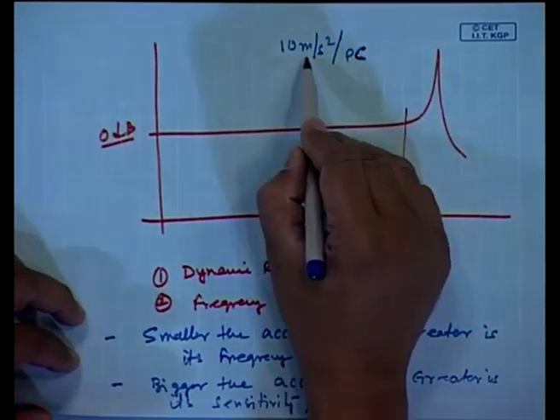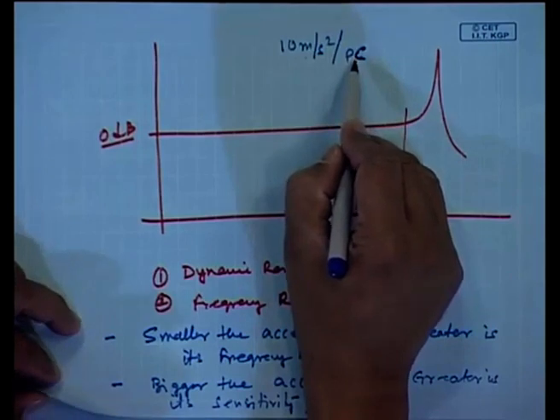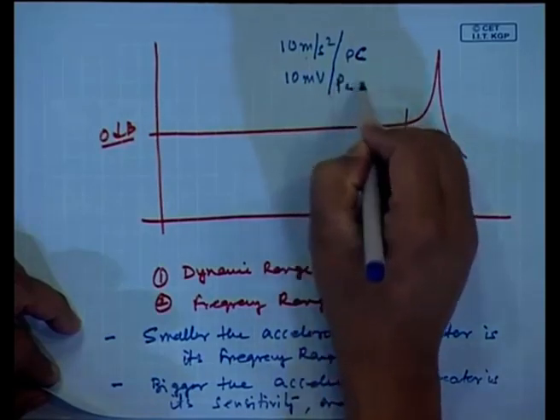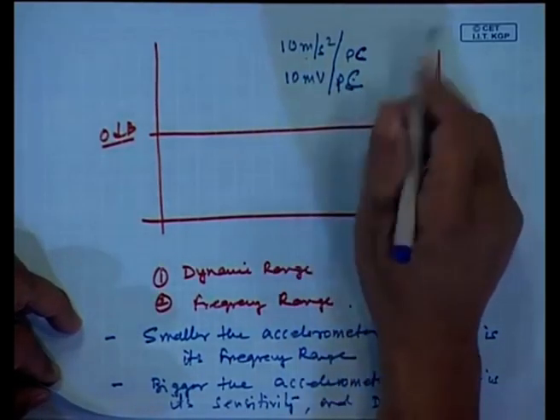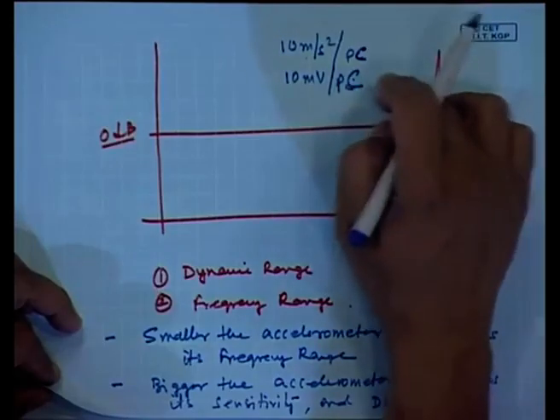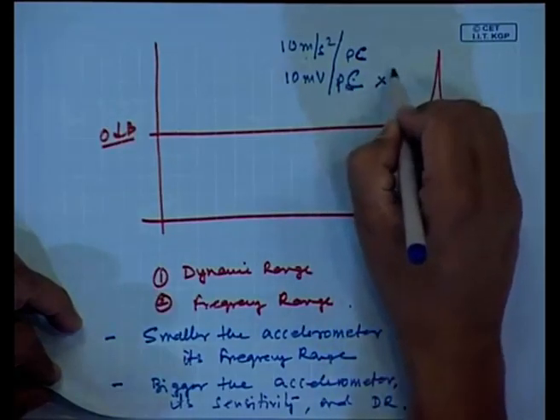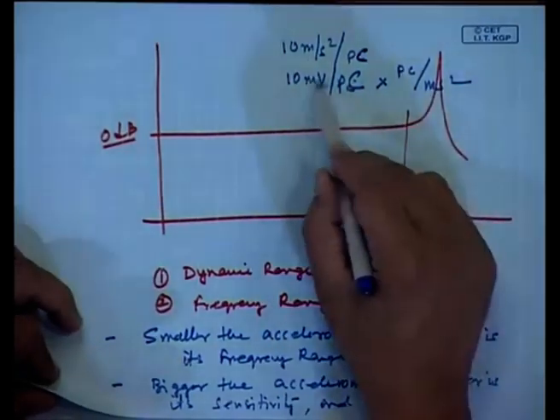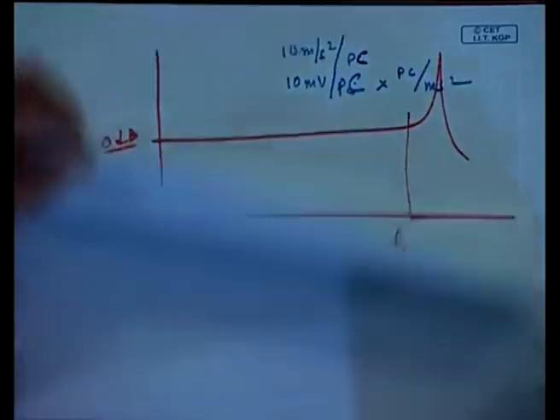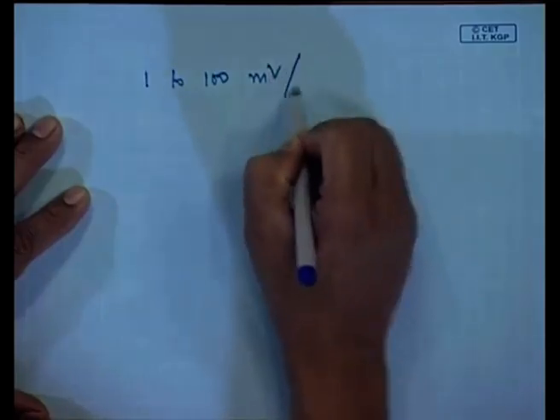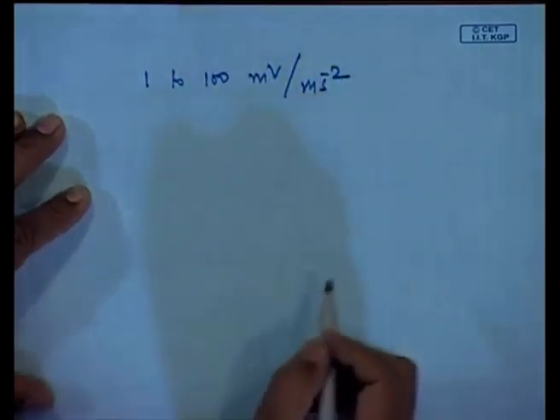So, this is the acceleration to the, or let me put it this way, 10 millivolts to picocoulomb, and this will be converted to picocoulombs to millivolts to meter per second square, and then we will have another conversion, picocoulombs to meter per second square, and then finally, we will get millivolt to meter per second square. Typically, the sensitivity ranges of these accelerometers are about 1 to 100 millivolts per meter per second square. Okay.